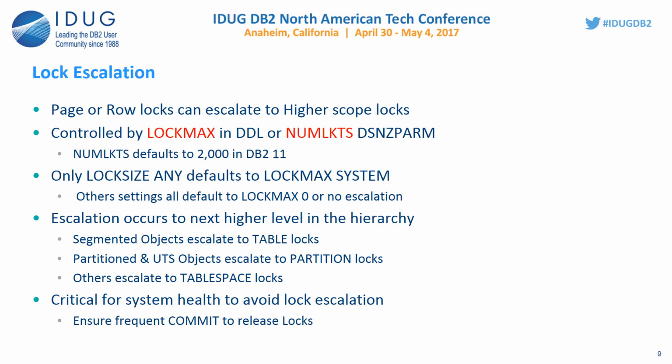Now the default is in a zparm parameter called numlockTS, and in DB2 11 the default is 2000. All right? So a table space can have 2000 locks on it by default before the locks start getting escalated up to a higher level.